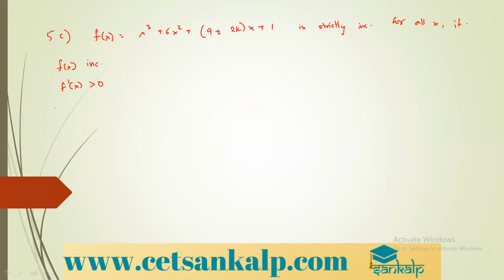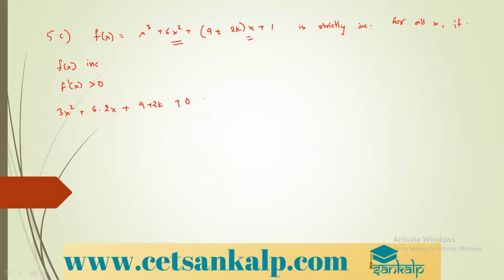So the derivative of x cube is 3x squared. 6 is a constant. Derivative of x squared is 2x. 9 plus 2k is a constant. Derivative of x is 1 and then plus 1's derivative is 0.